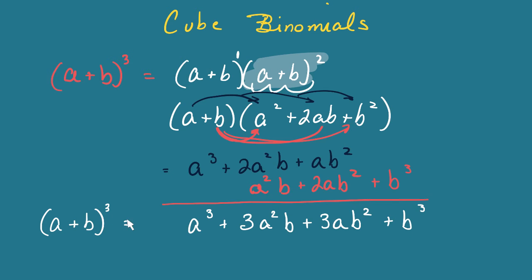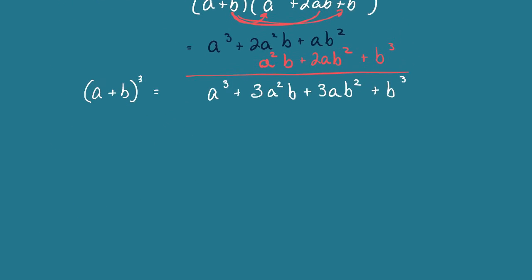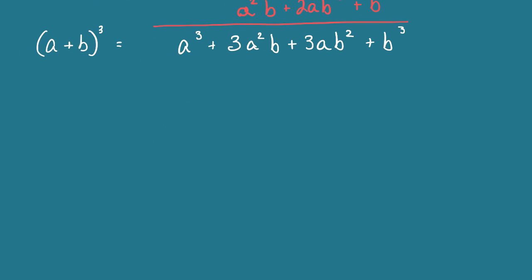So even if I didn't know all these numbers in front, in this case those 2 3s, I knew what my a's did. In fact, if I were given an a plus b to the 4th problem, I could legit write down at least the variables. It would start with a to the 4th, and it's going to end with b to the 4th down there.